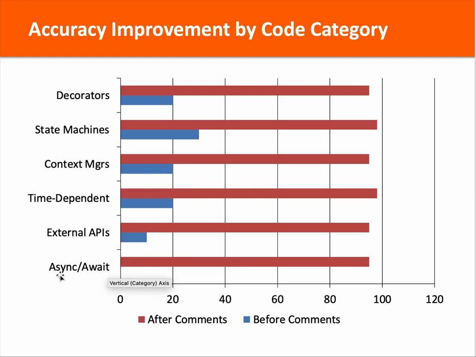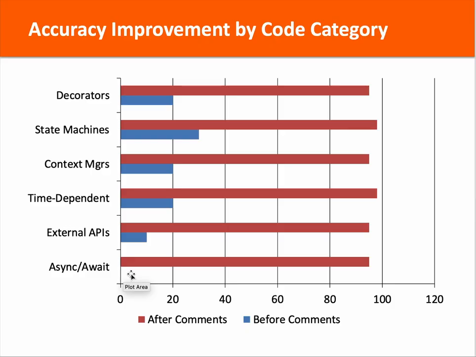You see that with async await, without adding the comment, we were not getting any tests correctly, right? And then after adding the comments, suddenly there is a huge increase. That's one of the most dramatic changes we saw.